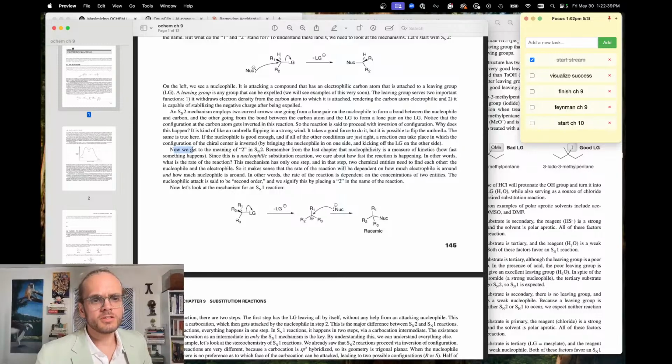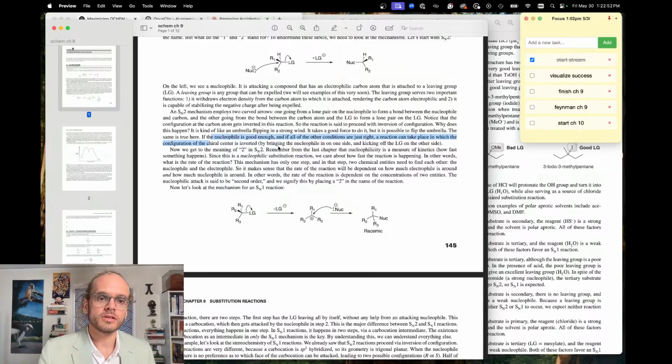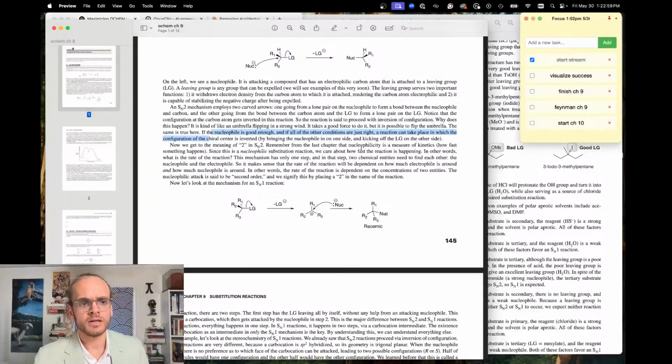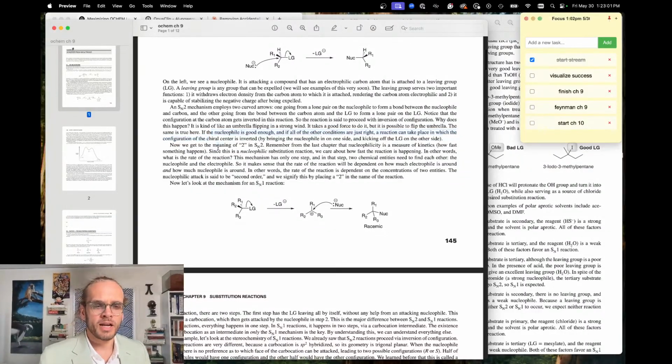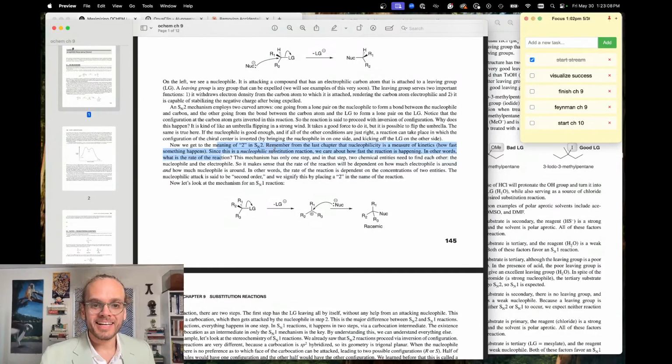So what's the meaning of 2 in SN2? If the nucleophile is good enough and if all other conditions are just right, a reaction can take place in which the configuration of the chiral center is inverted by bringing the nucleophile in one side and kicking off the LG on the other side. Now we get to the meaning of 2 in SN2. Remember, I'm high energy. Remember from the last chapter that nucleophilicity is a measure of kinetics, how fast something happens.